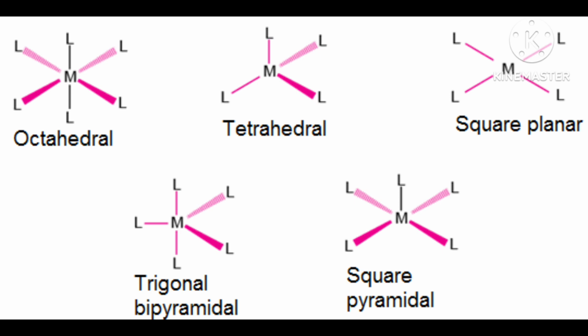Now, coordination polyhedron. What is the coordination polyhedron? This is actually an arrangement, a spatial arrangement. The spatial arrangement of the ligand atoms which are directly attached to the central atom or ion defines a coordination polyhedron.